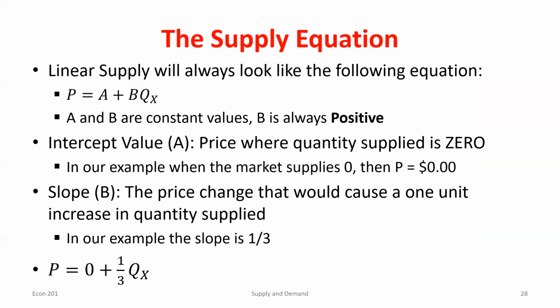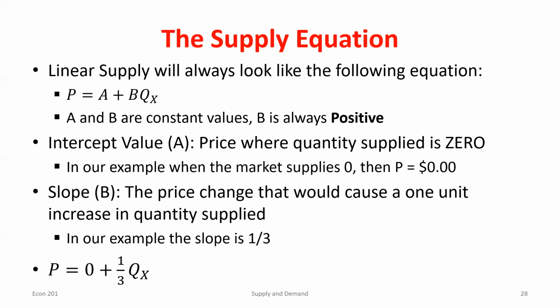The slope, right? We're going to find that the same way we did before. It's going to be how much the price would increase if the quantity supplied went up by 1, right? So if the quantity supplied goes up by 1, this slope, this B value tells us how much the price would need to go up for us to sell one more unit.